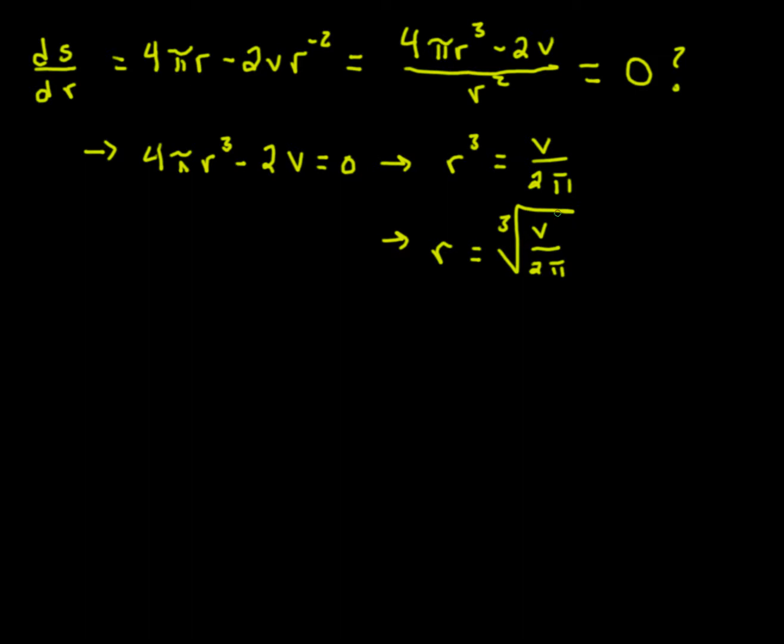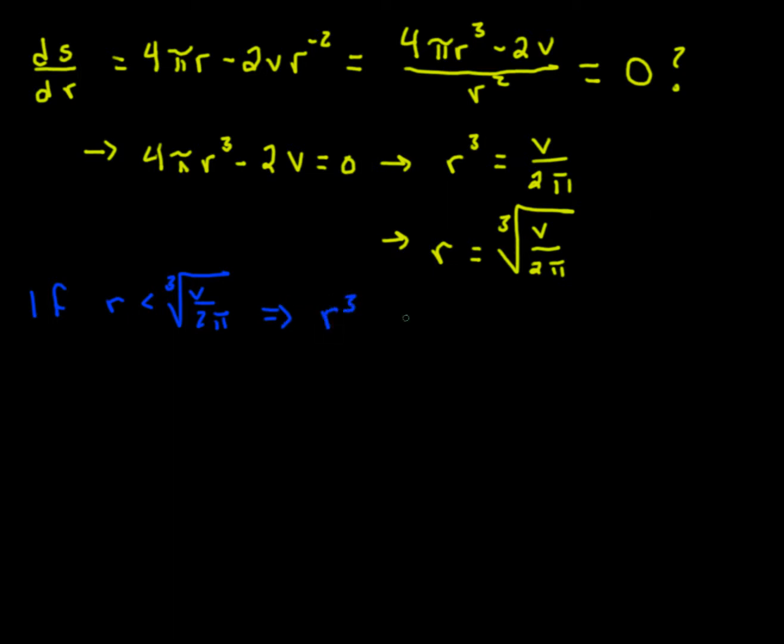I'm going to look at the value of the derivative before and after this critical value. So if r happens to be less than my critical value, we know the critical value makes it 0. Well, if it's less, then I can cube both sides.